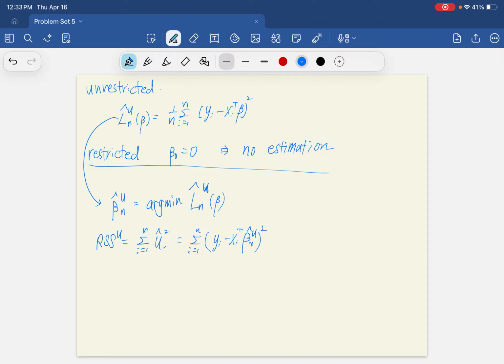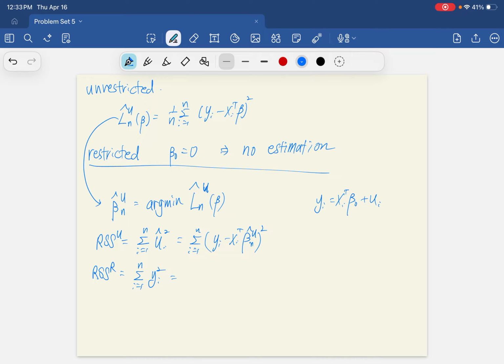Then we will utilize the beta unrestricted estimator. On the other hand, if you think about the restricted model, its residual is just y. There is no coefficient. At the same time, think about this: y is xi transpose beta 0 plus u.